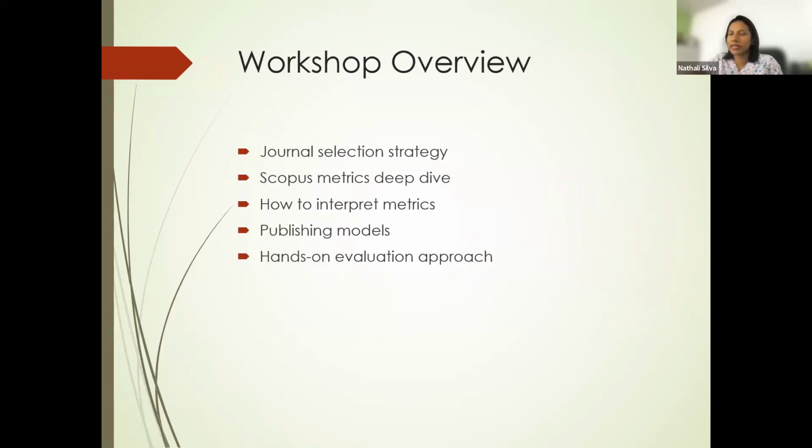So I'll briefly describe these Scopus metrics and how to interpret these metrics, what are the existing publishing models, and how at the end we are going to determine what is the most suitable journal or the destination for our work. So these are the things I'm going to cover today.